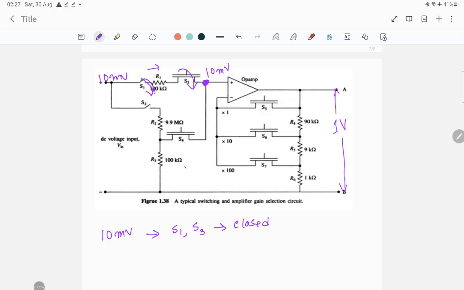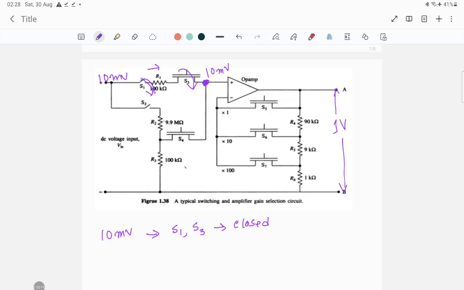As no current is flowing, the voltage drop across R1 will definitely be 0. So whatever voltage you apply will directly appear at the non-inverting terminal. So at the non-inverting terminal, 10 millivolt appears.